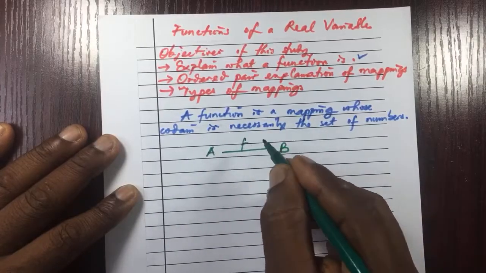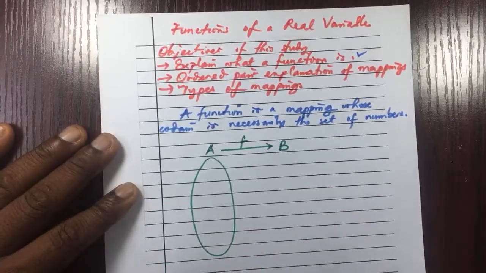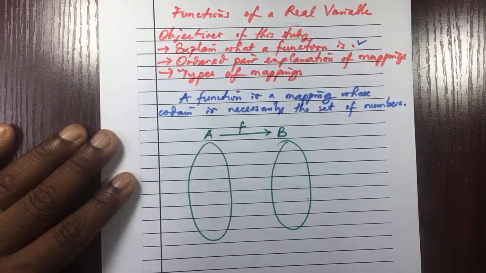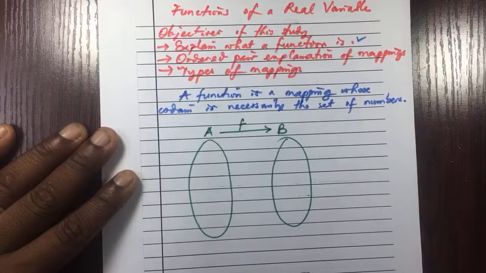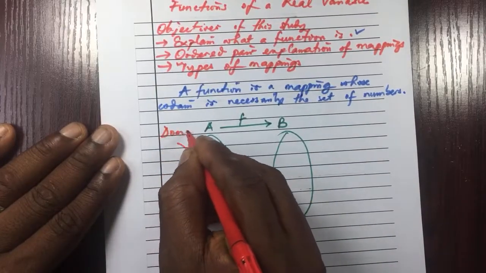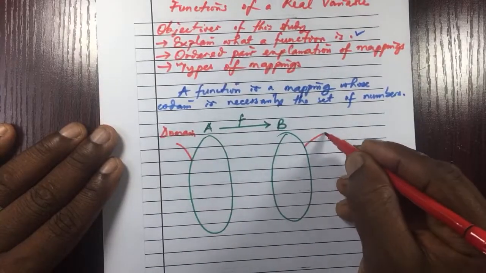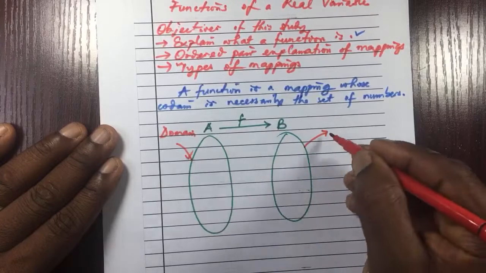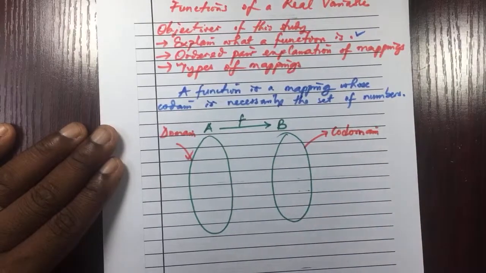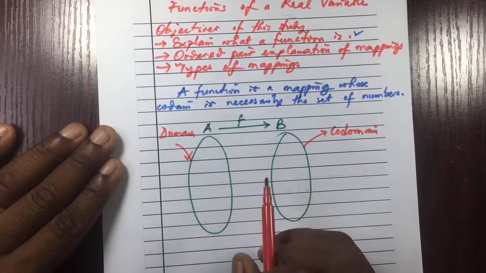Let's define our mapping to be F on the set A and the set B. I'm taking the set A to be my domain, and the set B to be my codomain. Now, when can we say F, this mapping, is a function?